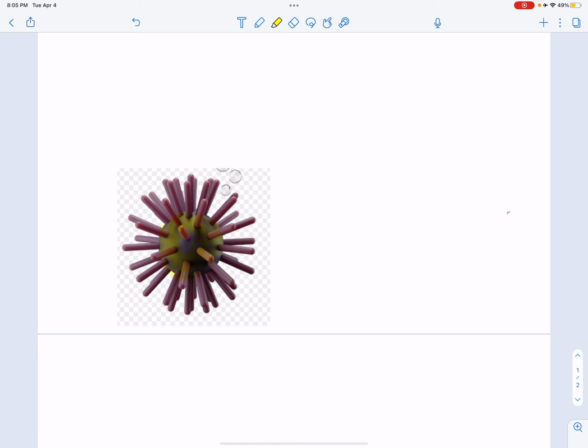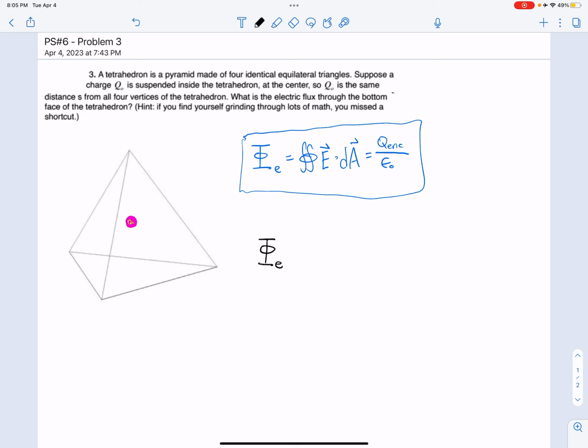So let's plug in what we know. This is the electric flux through all 4 surfaces of the tetrahedron. It is a total, but I'll say that's the electric flux for 4 surfaces of the tetrahedron. That's going to be equal to the charge enclosed divided by the constant epsilon naught.